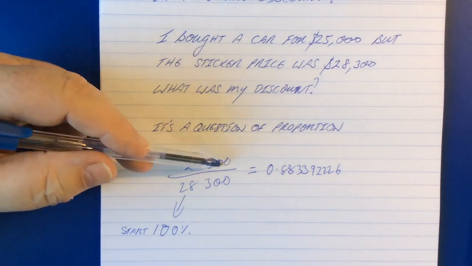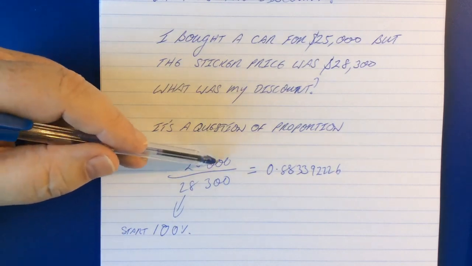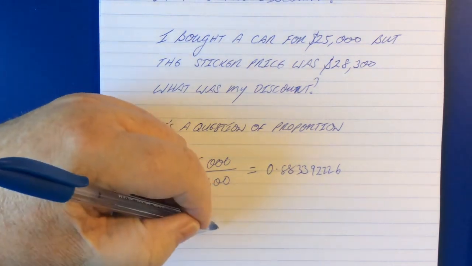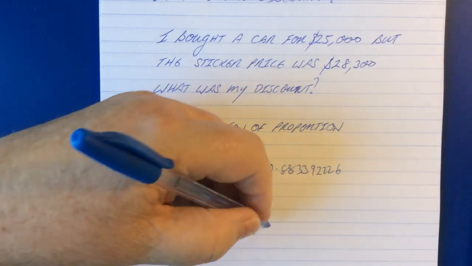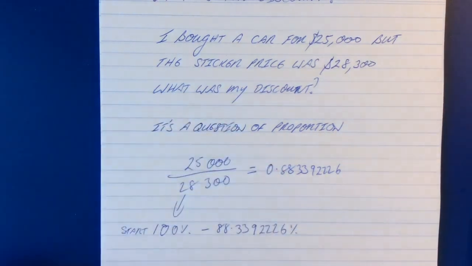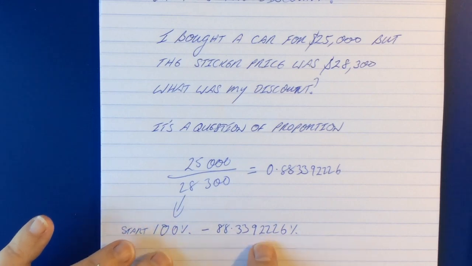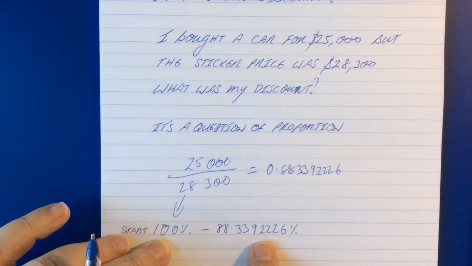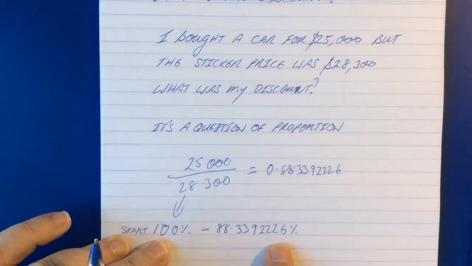And we have paid only $25,000. So 88.33922226%, we paid that. Now the difference between these two numbers is going to be my discount in percentage terms.